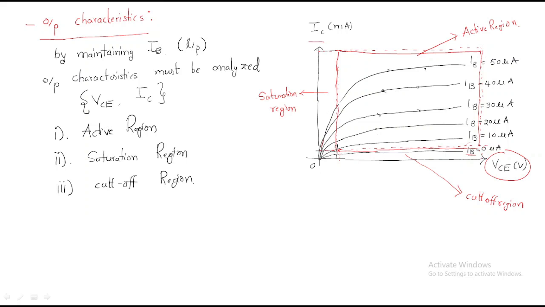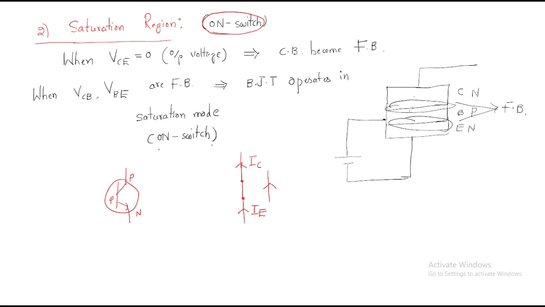This rising area is known as the saturation region. When VCE is zero, the collector-base junction becomes forward biased. How is it forward biased? There is no VCE, so there is no reverse biasing for the collector.